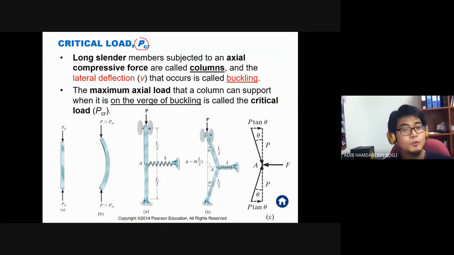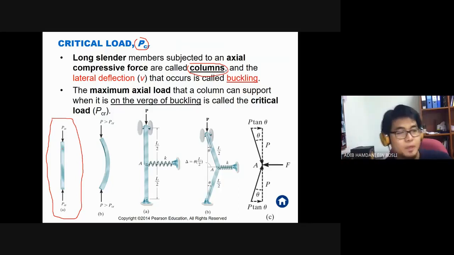Before we define critical load, let's define what a column is. Columns are long slender members subjected to an axial compressive force. As in this simple example, you have a long slender member subjected to axial compressive force.